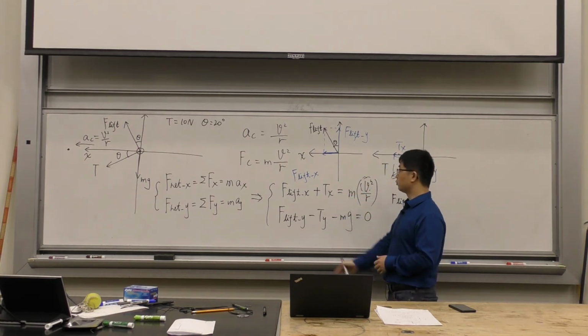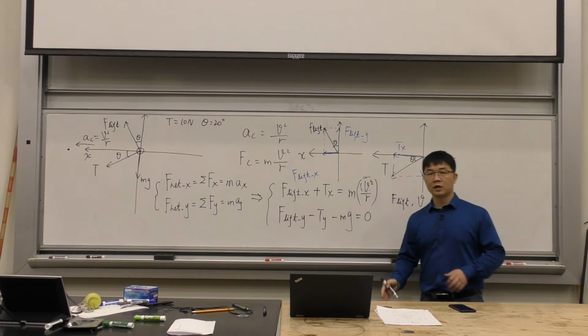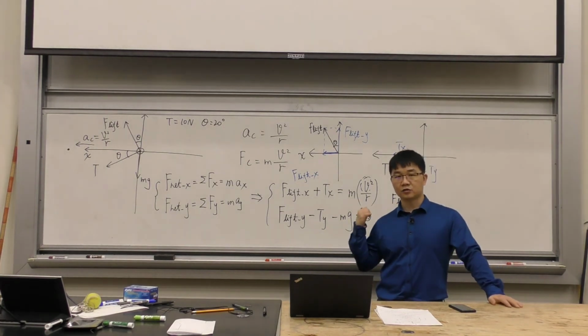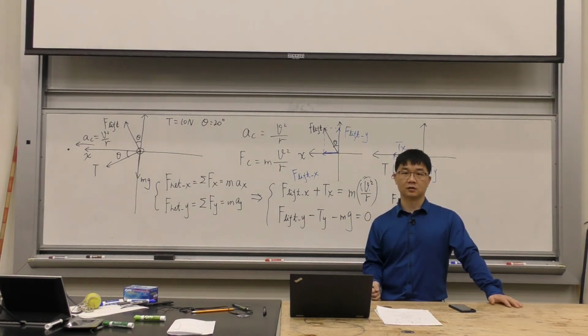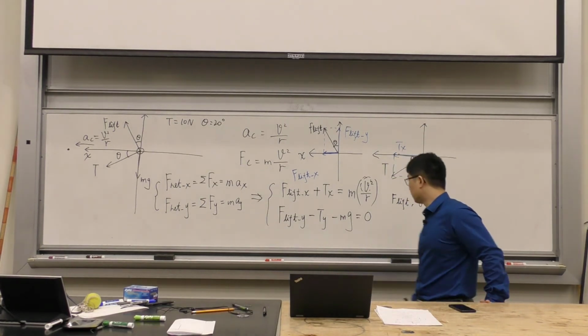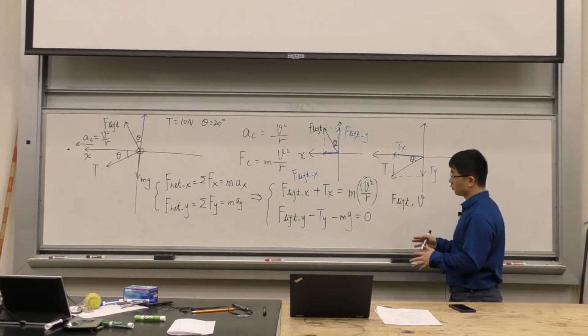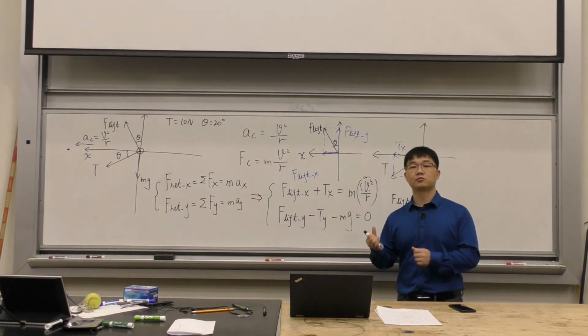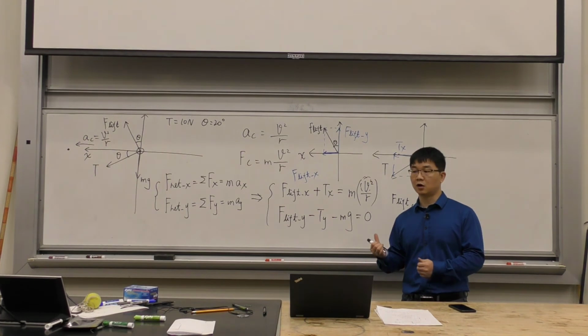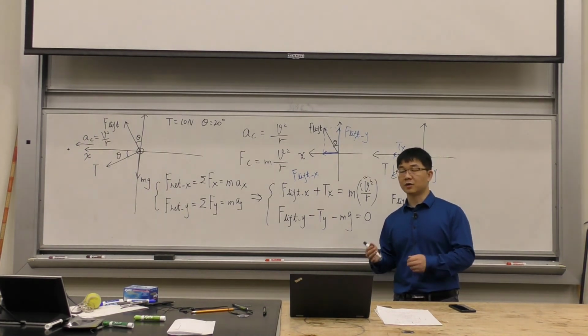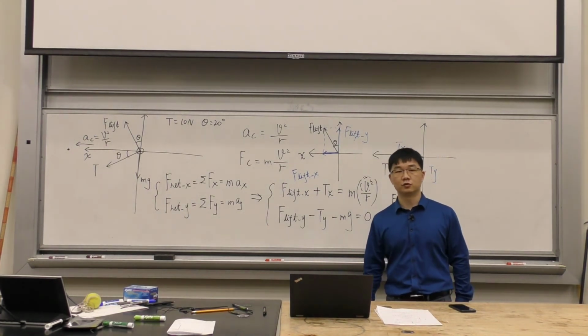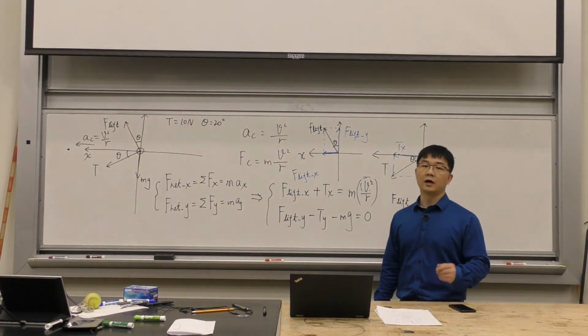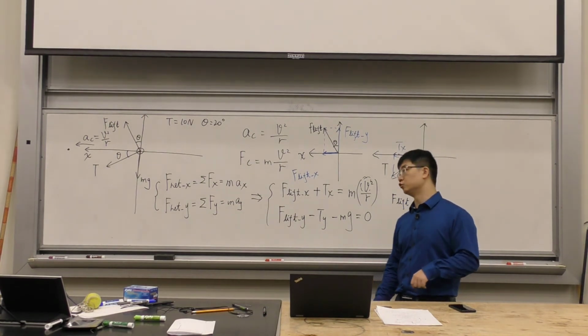So I have two equations and two unknowns. I'm confident I can solve them. This is the right direction. I just need to work out the math. So that's what we're going to do. The algebra may take me some time to finish, but I'm confident this is how I'm going to solve this problem, because mathematically, if I have two equations and two unknowns, I can always solve for these two unknowns.